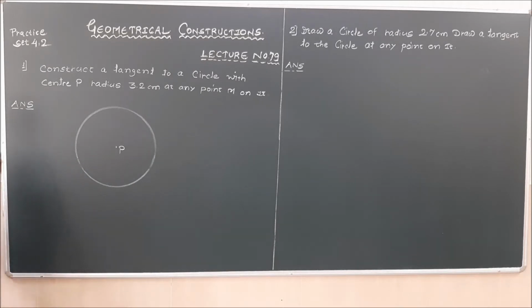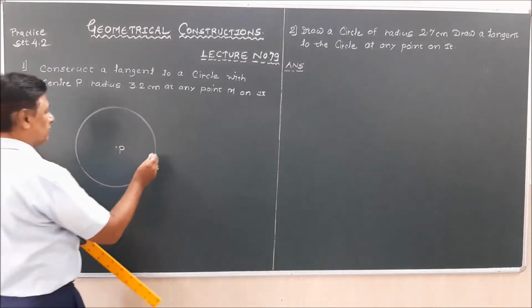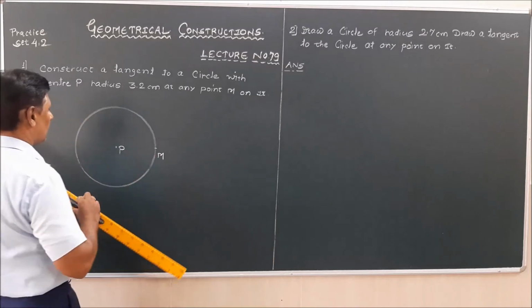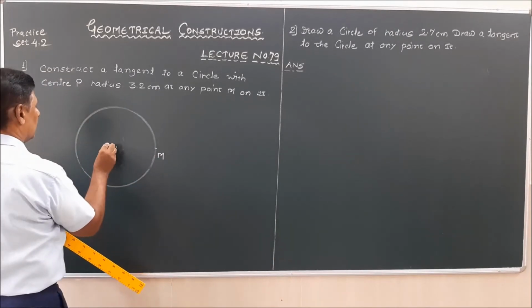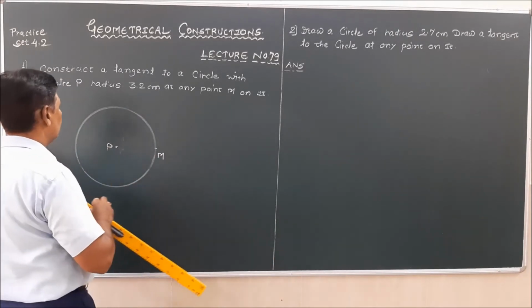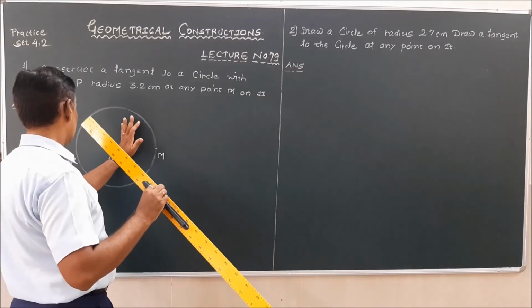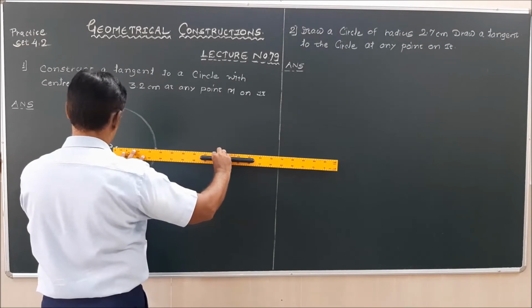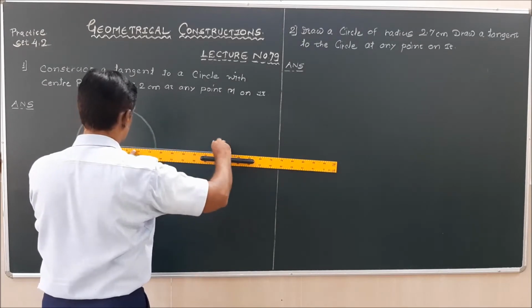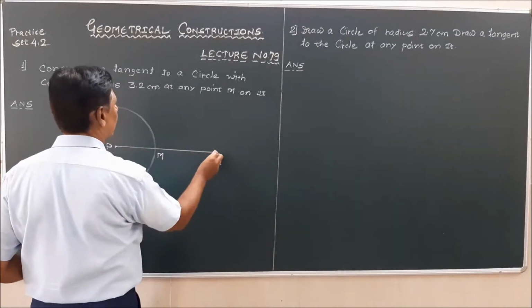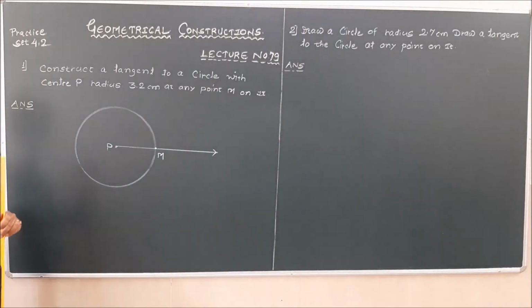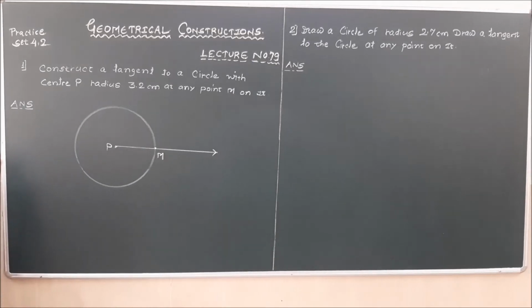Now supposing I take point M over here. Then you have to draw a ray which is passing through P and M. This is point M, and the radius is 3.2.